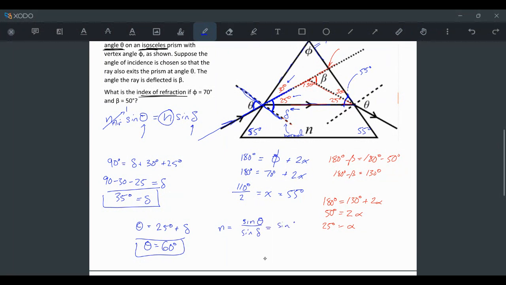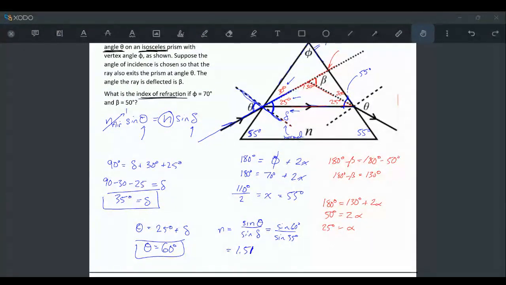So that's sine of 60 degrees divided by the sine of 35 degrees. And you plug that into your calculator, you should get something like 1.51, which is a totally reasonable number for an index of refraction. You'll find that they're 1.2, 1.5, something like that for most normal glass type materials.